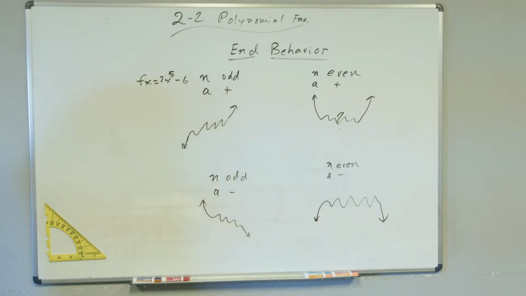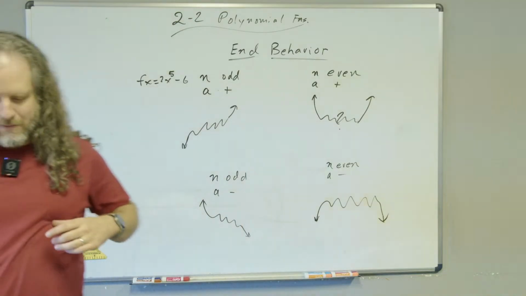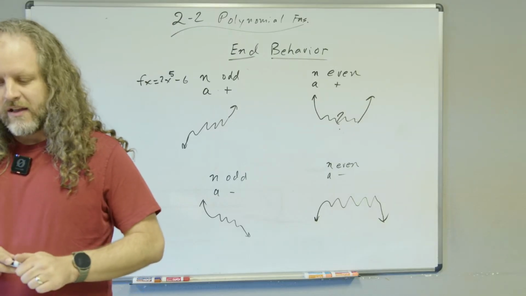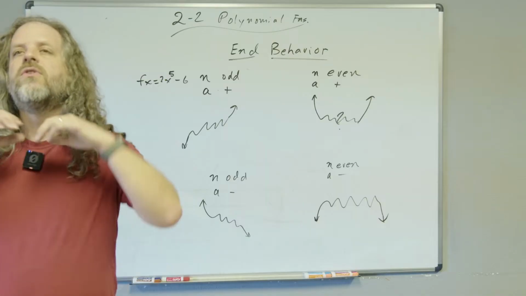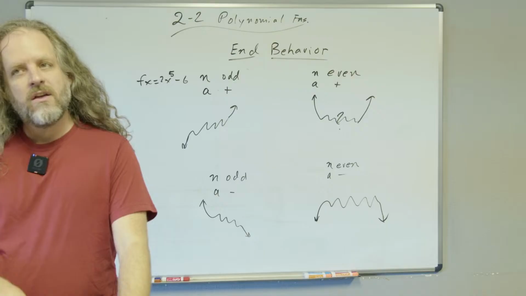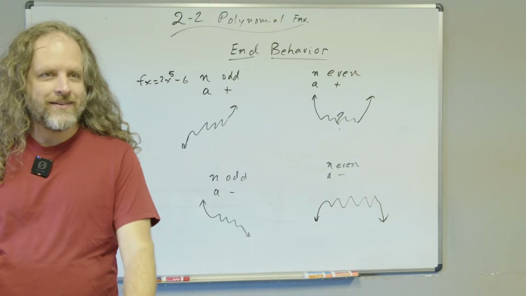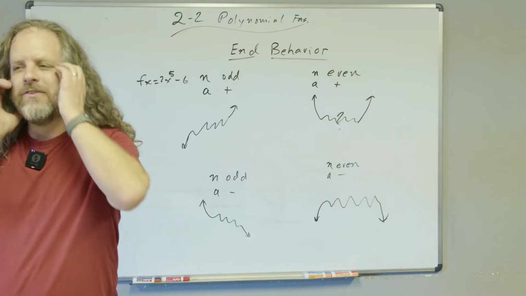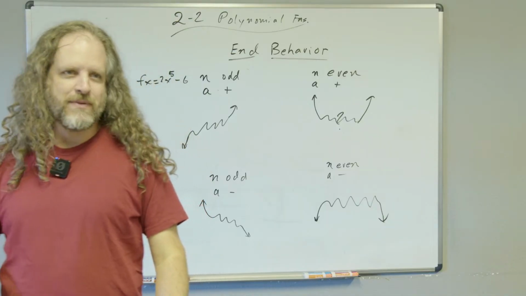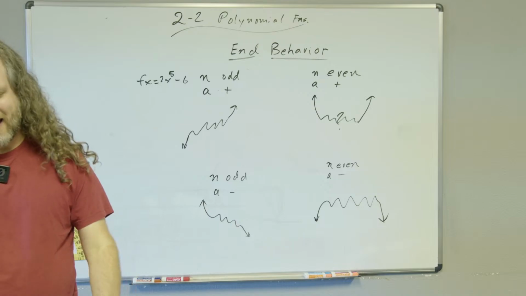But for end behavior, you do have graphing calculators this year, and I want you to use those as a tool. And some stuff needs to be in your brain, because your calculator can't think for you. It doesn't know when you punch something stupid. It cannot analyze.